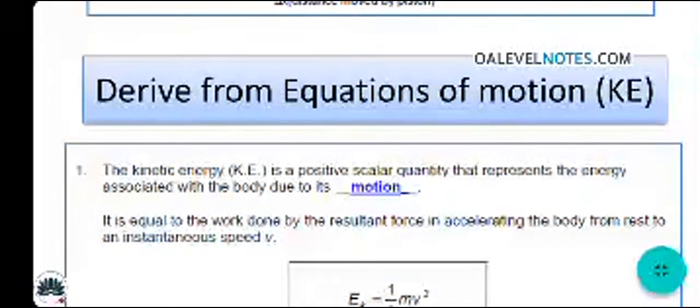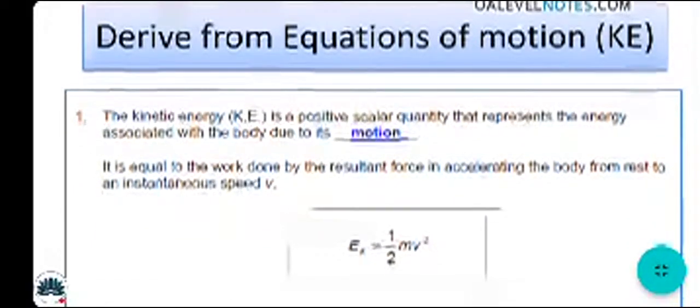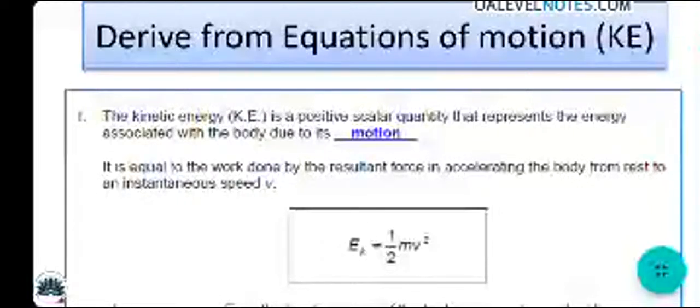We represent kinetic energy as KE or E with a small k below. It is a positive scalar quantity, which means it does not have any direction. It represents the energy associated with a body due to its motion. Whenever there is motion, there may be kinetic energy.